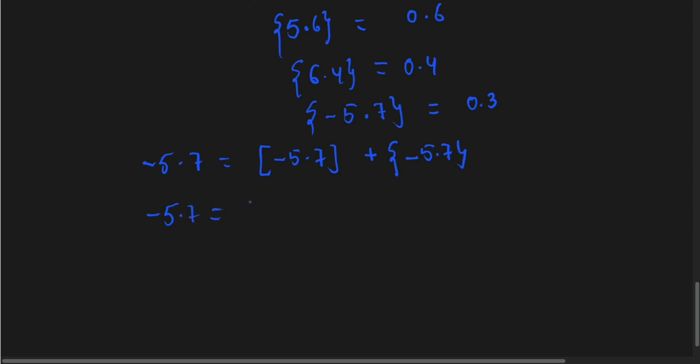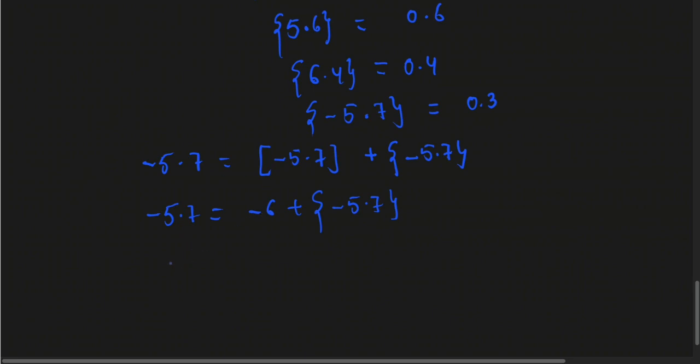I have already shown that the greatest integer of minus 5.7 is minus 6, because minus 6 is the largest integer which is less than or equal to negative 5.7. So this will be negative 6 plus the fractional part.